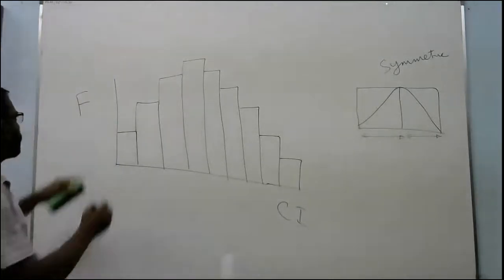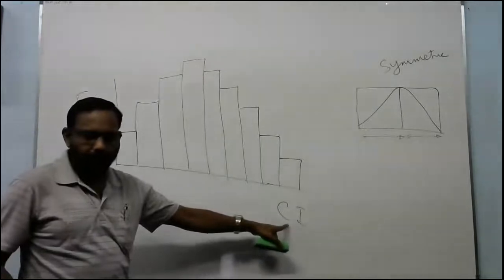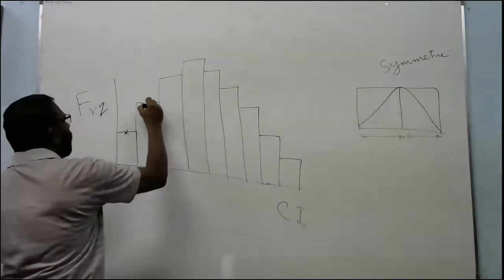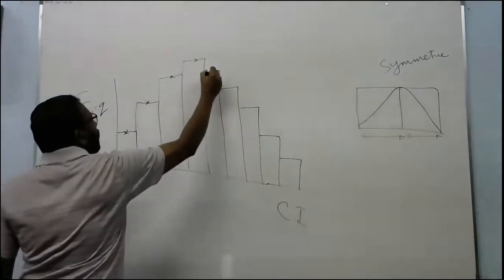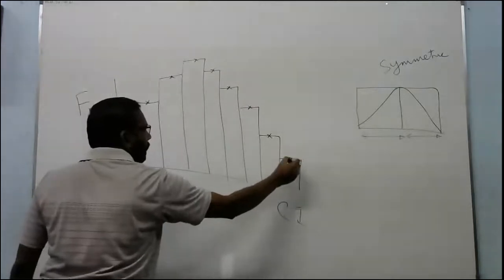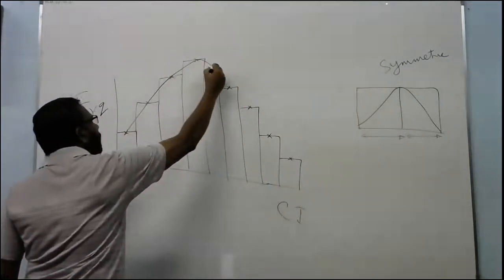Now I connect all the middle points of the bar chart, and it looks like this. Now I simply erase the bar chart.